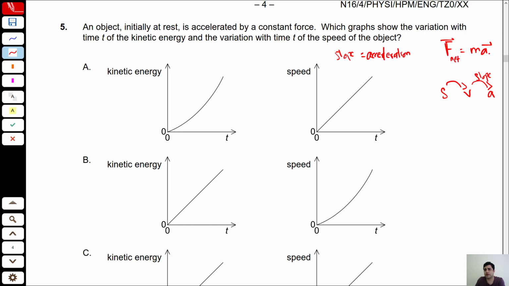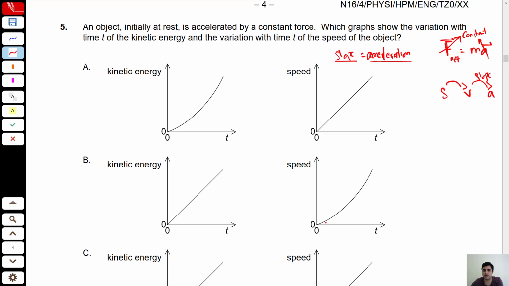Acceleration. And this is acceleration. Well, if you provide a constant force, this constant force will provide you constant acceleration, right? Because the mass is also constant. So each of the three quantities here is constant. So it looks like this acceleration is constant. Constant acceleration will give us constant slope. So which of the graphs have a constant slope?